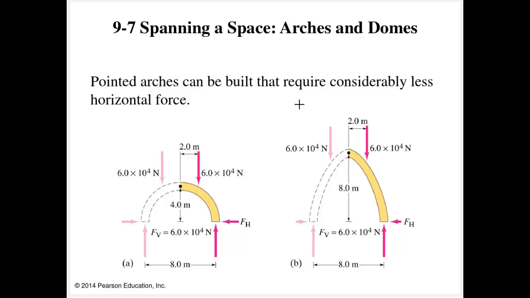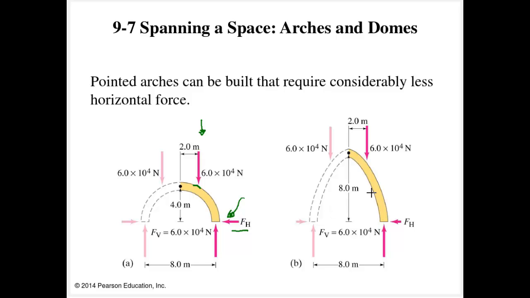It turns out that the shape of the arch actually also makes a difference. If I consider two arches with different shapes and I apply a force downwards here, if I look at the angle that the arch is at that given point, it's going to take some amount of horizontal force to keep this part of the arch from moving away.